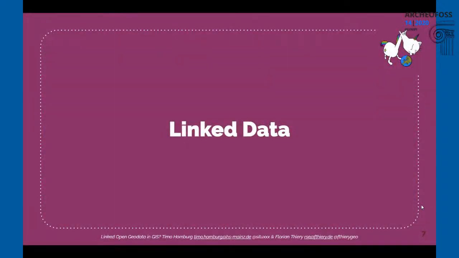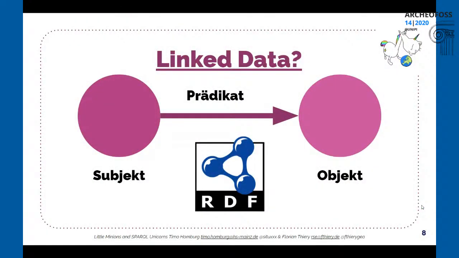What is linked data? To start with, for people who do not know, linked data is a format consisting of so-called triples, and a triple consists of subject, predicate, and object. You have a subject, a predicate, which is maybe an attribute of this subject, and which is connected to an object.